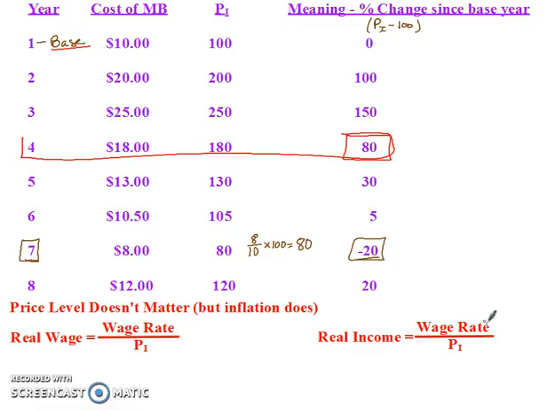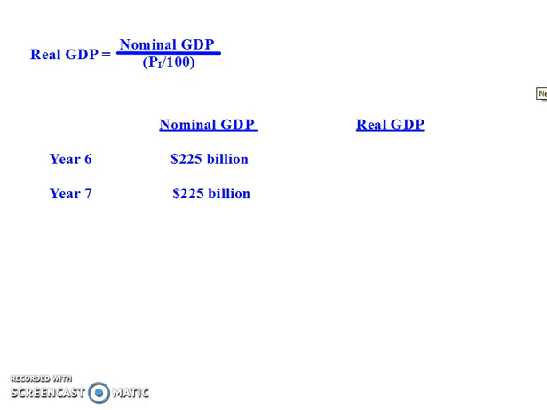So economists, we do this kind of stuff all the time where we want to compare two time periods that have different price levels. We just divide out the price level, and that way we are comparing real things to each other over time. One of the most important uses is to think about calculating the real gross domestic product. So the real gross domestic product, this is the same concept as I just mentioned.